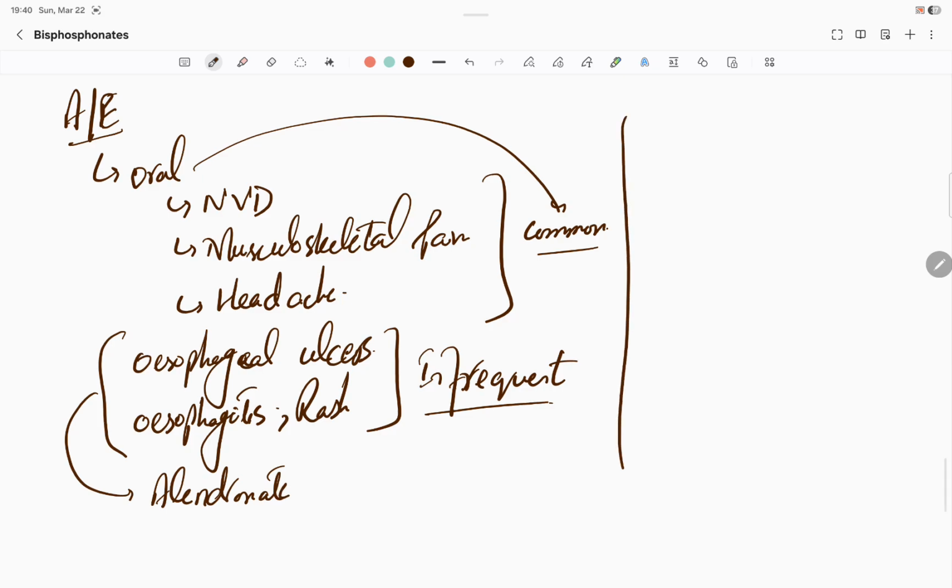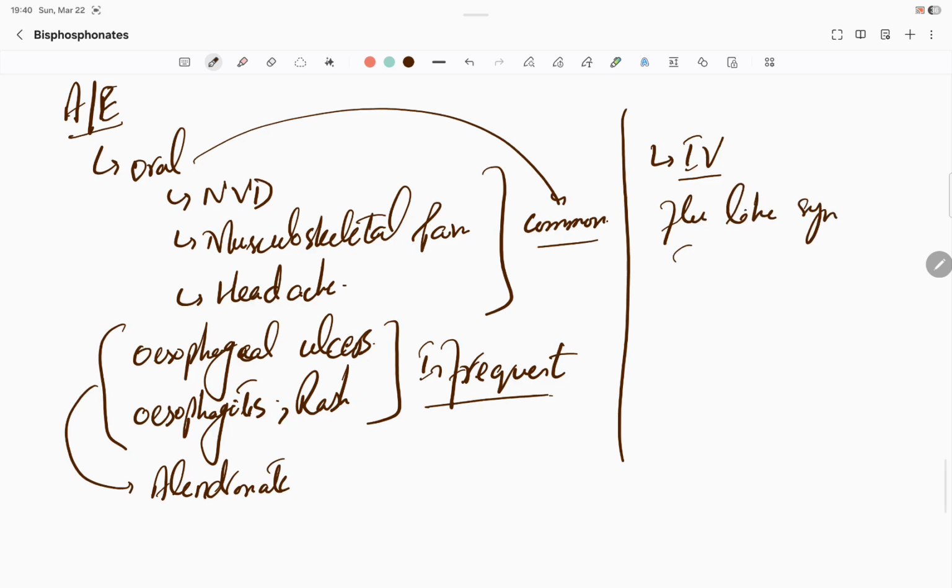And if we talk about the side effects caused by the IV formulations, that includes Pamidronate and Zoledronic acid, then it includes flu-like syndrome, fever, hypocalcemia. Hypocalcemia means low calcium level.